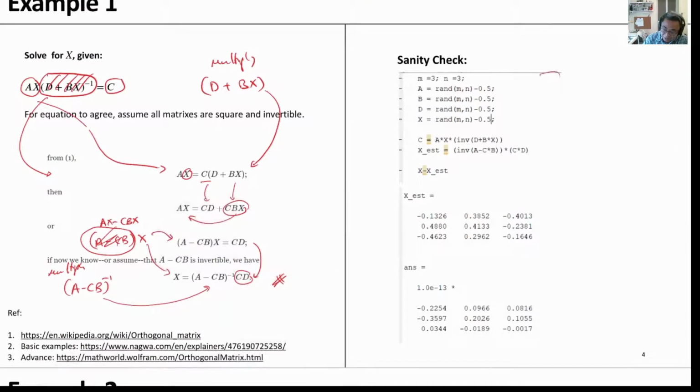As a sanity check, I wrote a Matlab program to perform this operation.